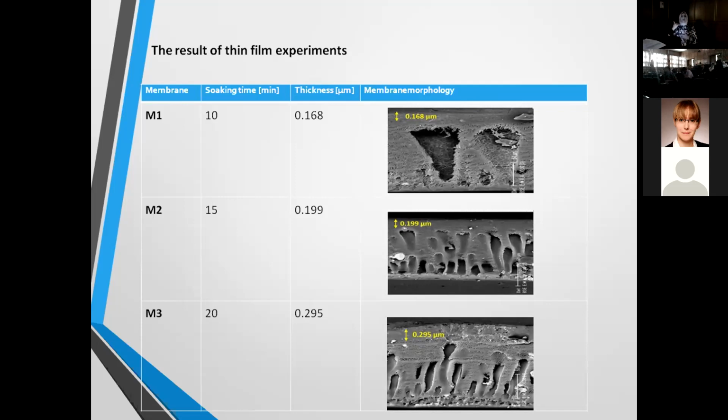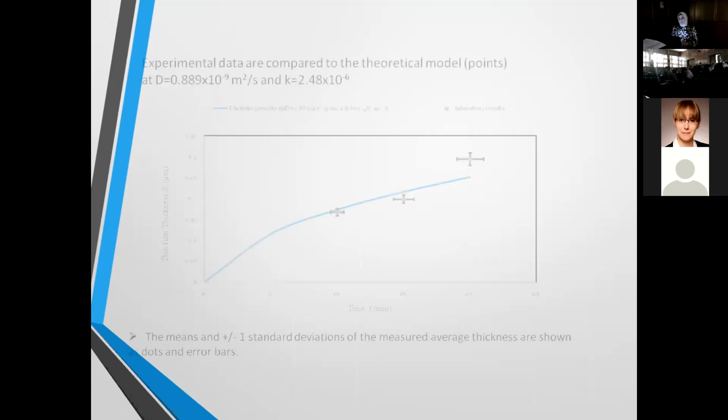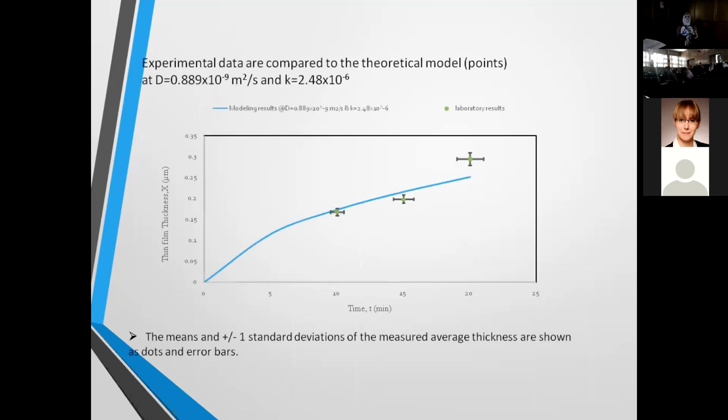So increasing the time, the thickness will increase, as we said in the membrane morphology. By putting the actual results in the theoretical model, which we calculated, we found that there is a small deviation between the theoretical model and the actual results.